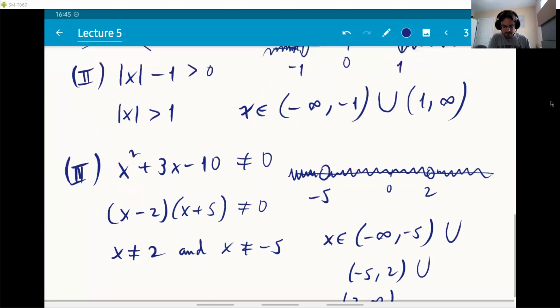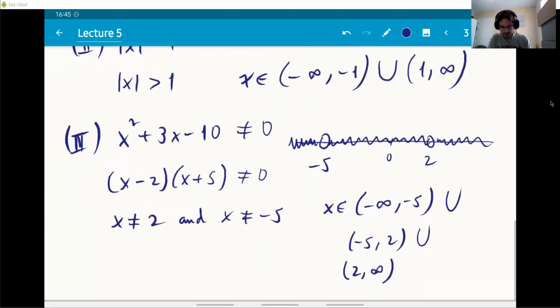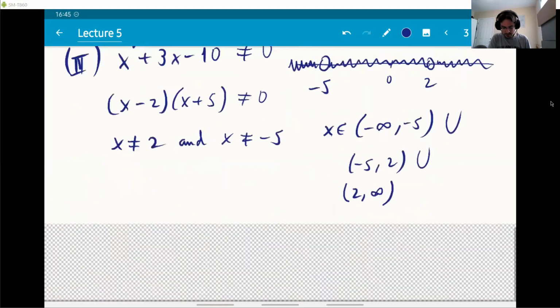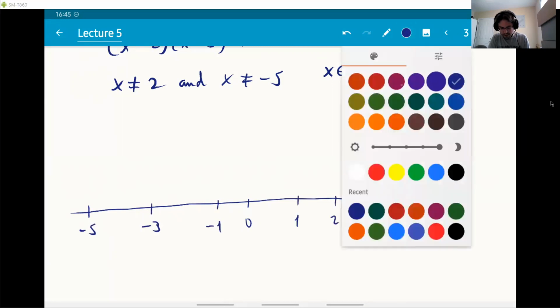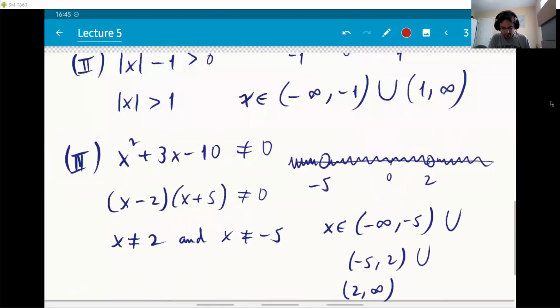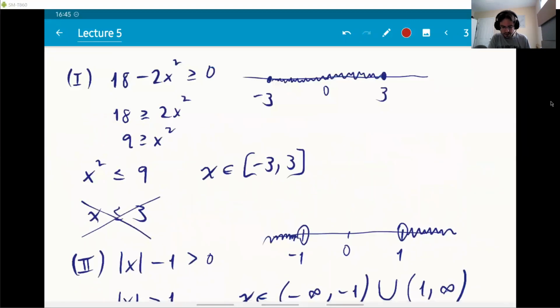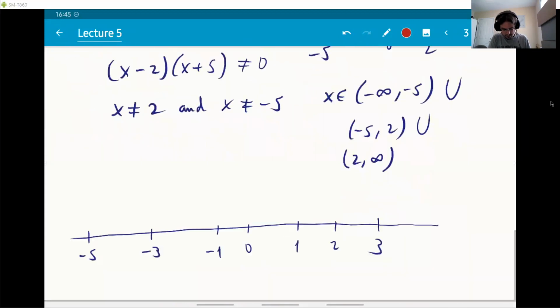But we actually remember that we wanted all three together, 1 and 2 and 3. So my suggestion here is to try to draw them all together. Let's see again, there was 0, there was minus 5, 3, 1. Remember now, the first condition was x is between minus 3 and 3, closed.